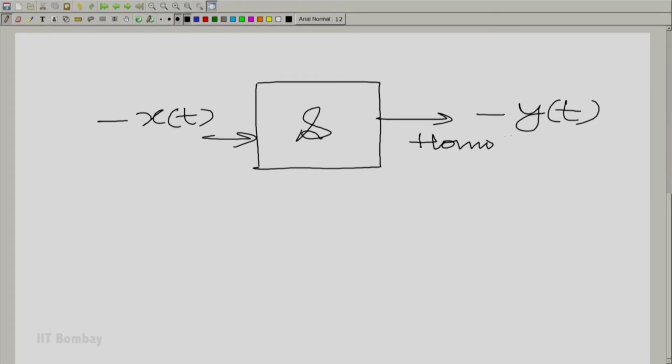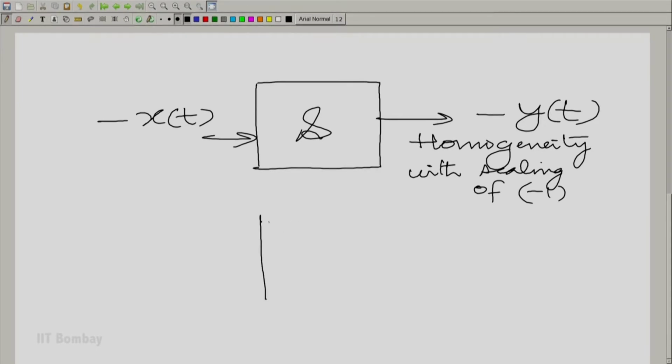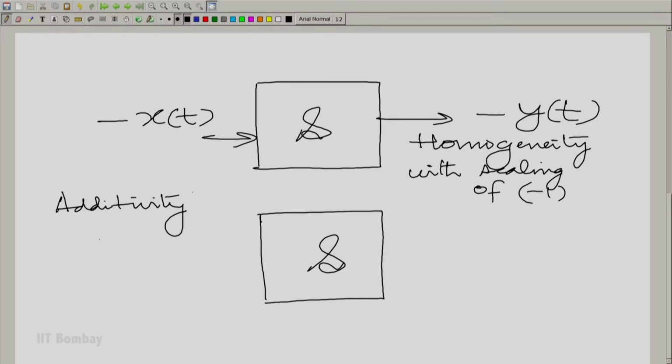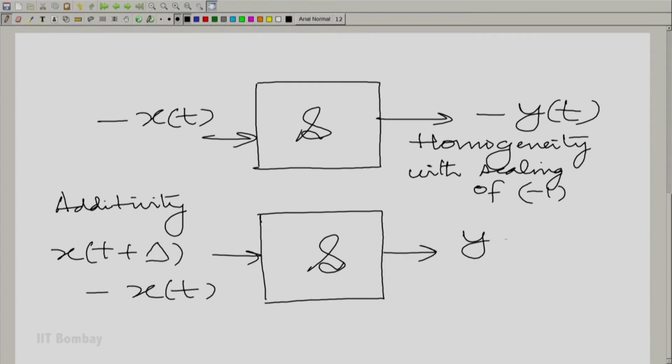This is homogeneity for you, homogeneity with the scaling of minus 1, and we now invoke additivity. So, x(t + delta) minus x(t) should produce y(t + delta) minus y(t).